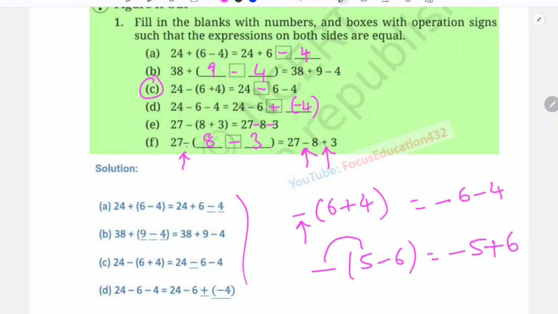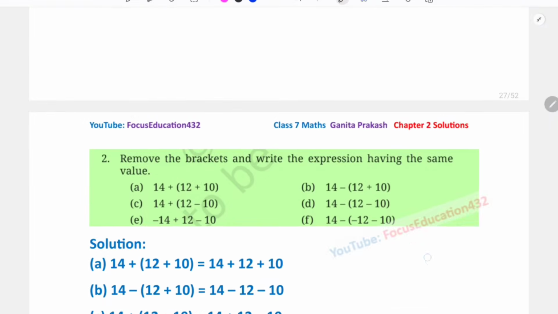If you see carefully, minus of 8 minus 3 is nothing but, 8 is positive, so with the outside minus it becomes minus. Whereas minus is outside and minus inside, so this becomes plus. Very simple. If you have minus outside, minus of a minus b becomes minus a plus b. Signs will simply change. If you have minus and both are positive, then both will become negative. You practice this sometimes. So this question is over.